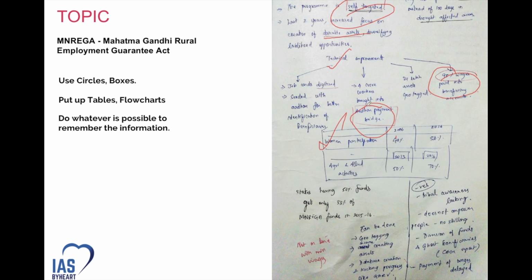This way I used to note down the positives of the scheme, negatives of the scheme, and some important facts which I found very relevant to the scheme. So this is a whole, holistic compilation of the concept which I found in different sources. This is how an aspirant should make notes.